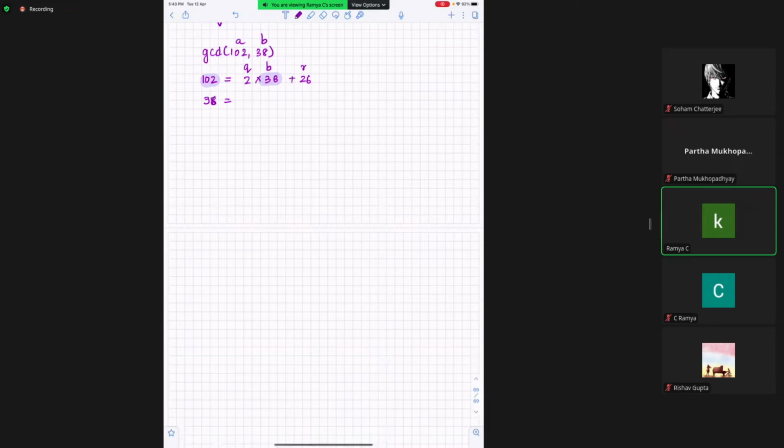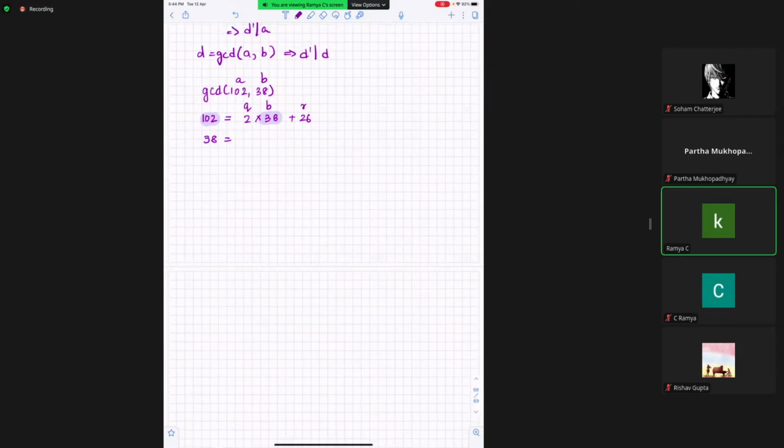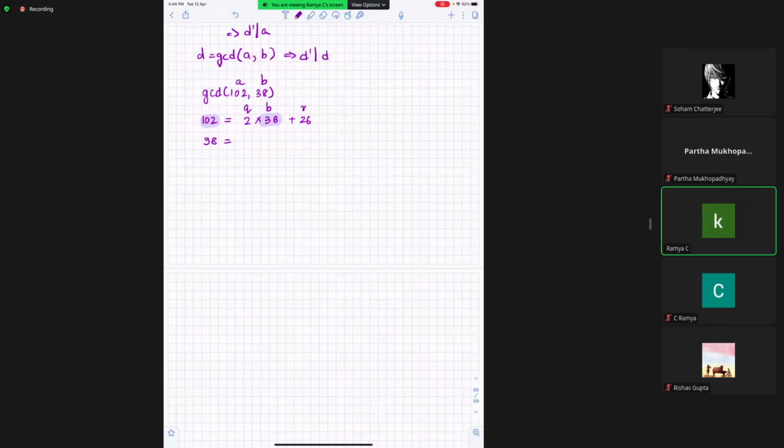Correct me if I'm wrong, because there are so many numbers to mess up. In the first step, you divide 102 by 38, you get a quotient and a remainder. Now you have this clue that the GCD of 102 and 38, that's the first step, is the same as the GCD of what two numbers? 38 and 26. So now you can continue by dividing this.